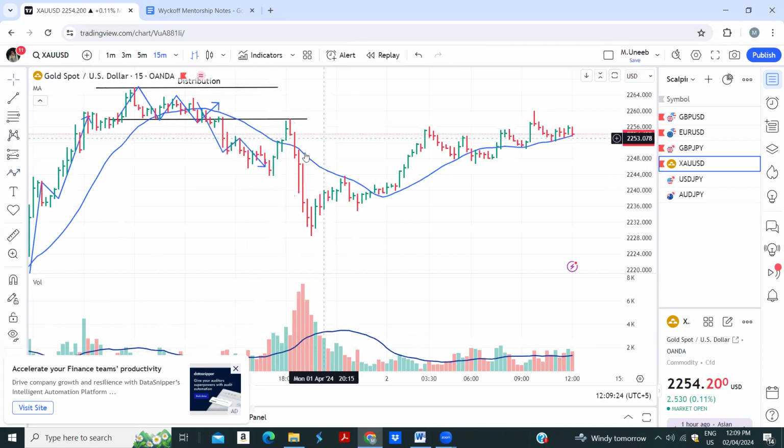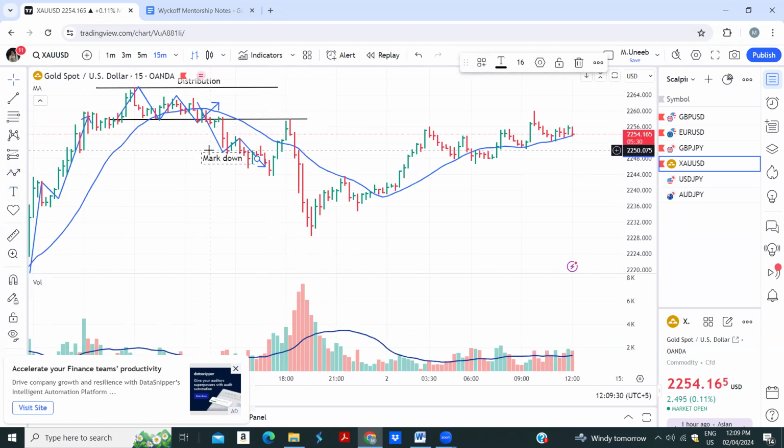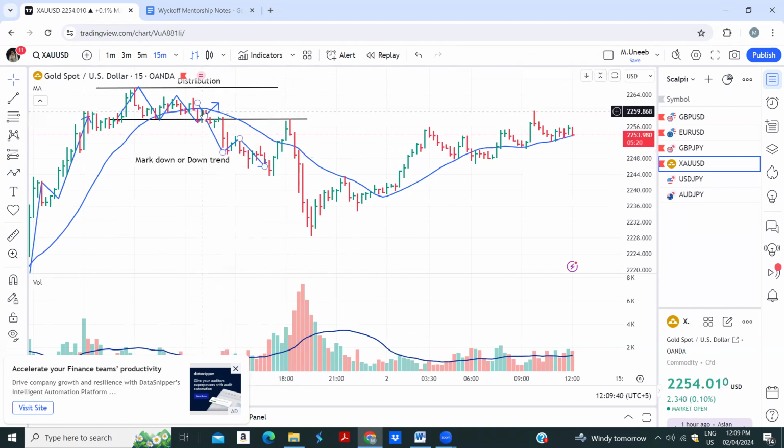Markdown is also known as downtrend. Here, the selling pressure is more than the buying pressure. The supply is greater than the demand, so the price is moving down. The smart money is selling here.